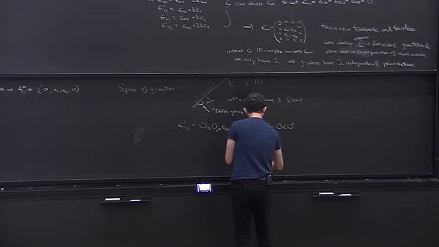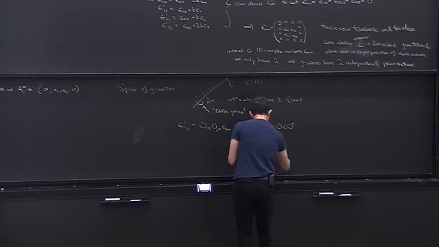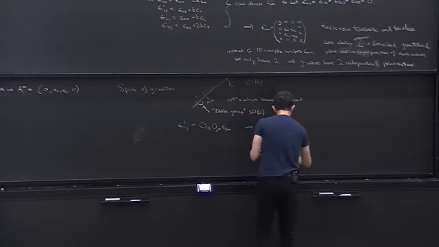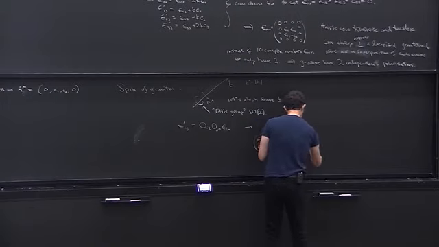This is epsilon 1, 2 prime. This is minus epsilon 1, 1 prime is equal to, and we just have our usual rotations, sine theta.